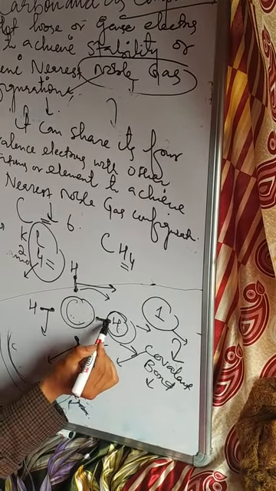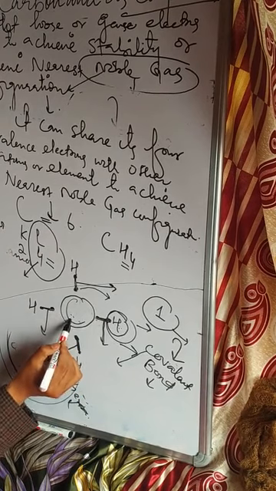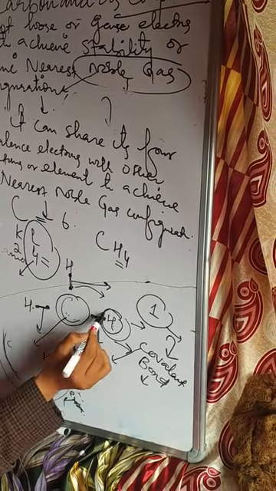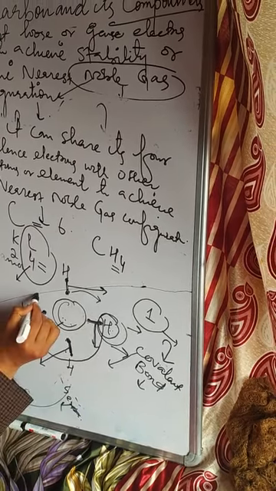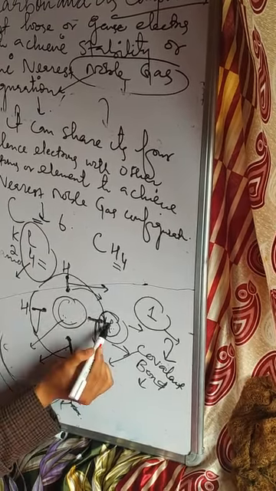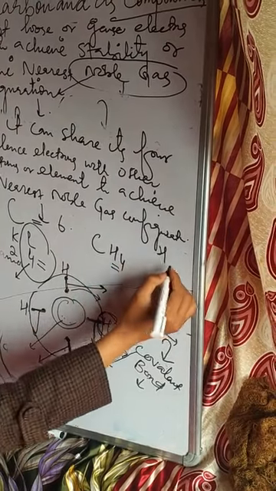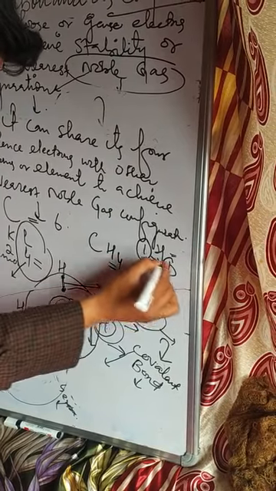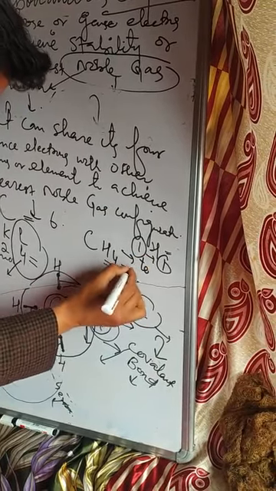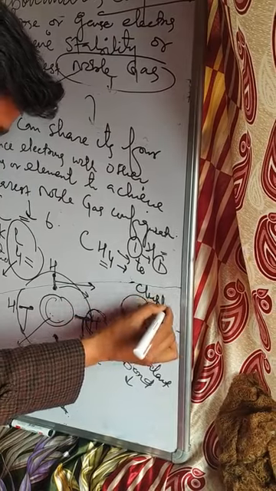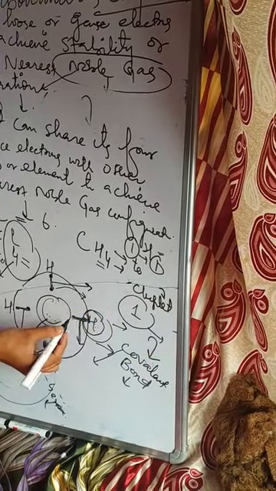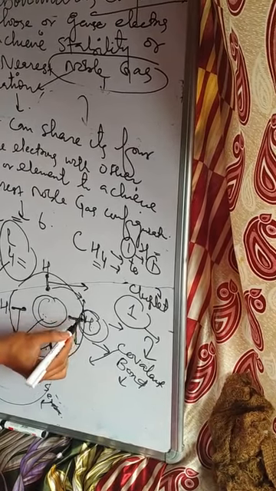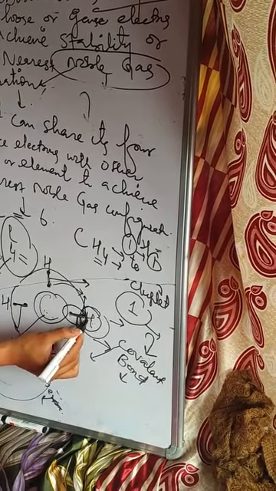Now look at the carbon: 1, 2, 3, 4, 5, 6, 7, 8. This carbon becomes stable. And hydrogen has 1 electron in its valence shell, which means it needs 1 more electron to complete its duplet. It takes 1 electron from carbon and 1 from itself, so each hydrogen becomes stable.